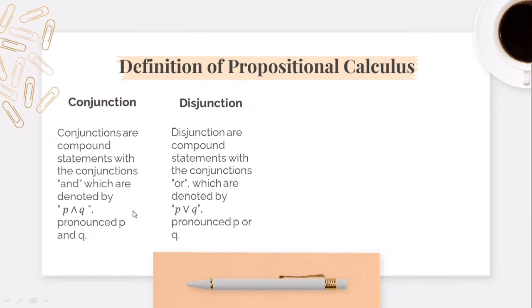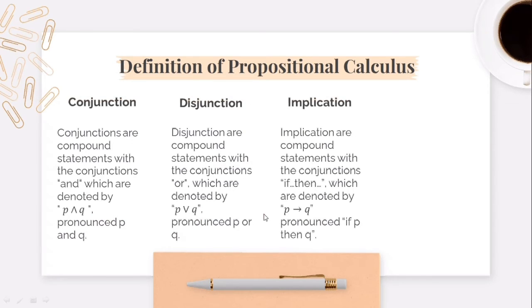Disjunctions are compound statements with the connective or, which are denoted like this, read p or q. Third, implication. Implications are compound statements with the connective if then, which are denoted like this, read if p then q.